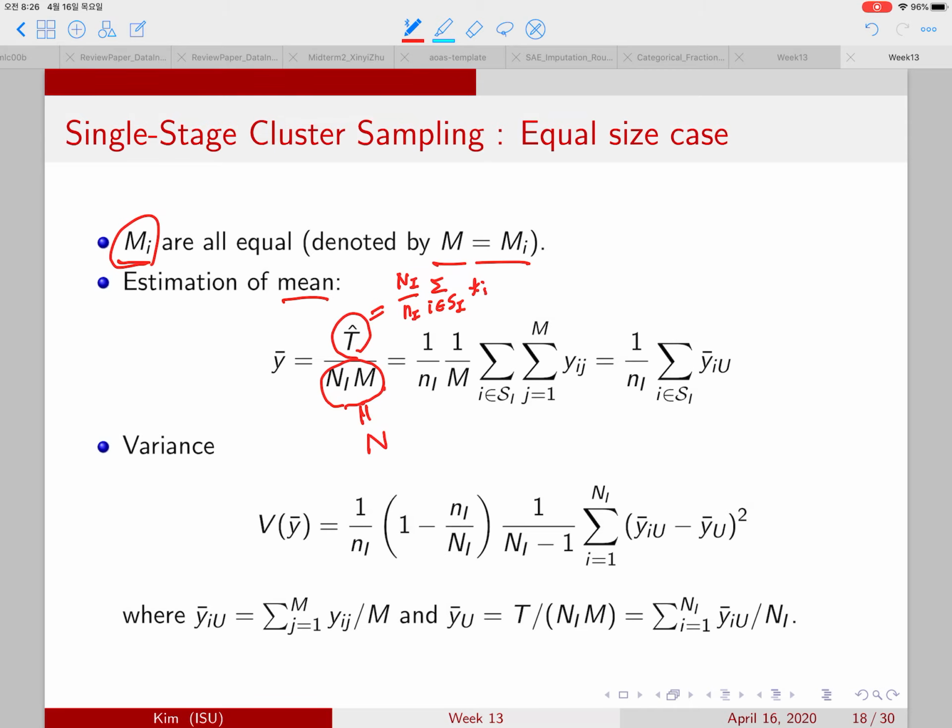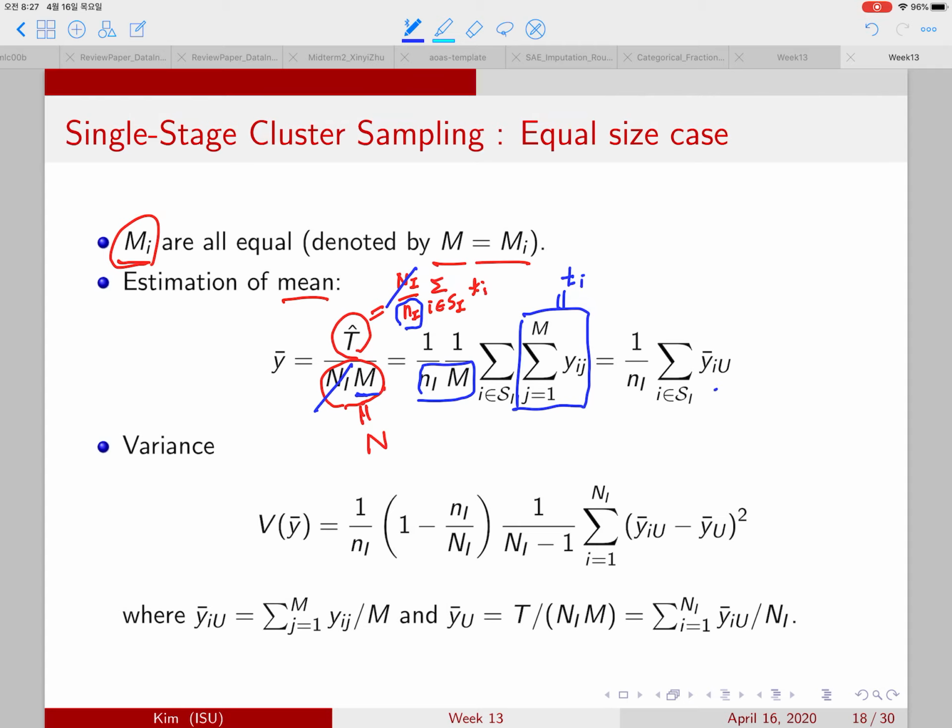So after that you can see that capital N cancels, and so this small n and capital N come here, and then this one is ti. So that's how we get this formula.